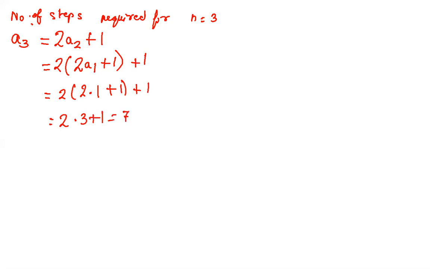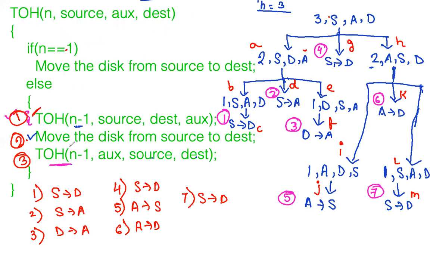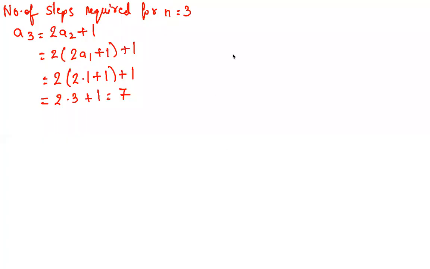We have already seen that the number of steps required to solve a problem of size 3 in case of Tower of Hanoi is 7. So using the same logic, if we try to find out the number of steps required to solve a puzzle with n number of disks, we can write it like this: An equals to 2 A(n minus 1) plus 1. What is A(n minus 1)?